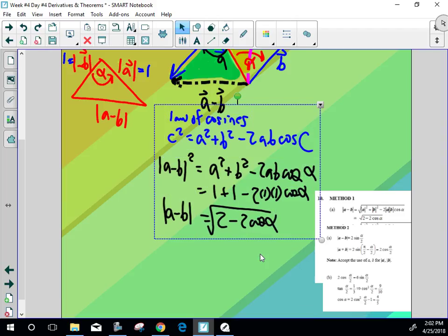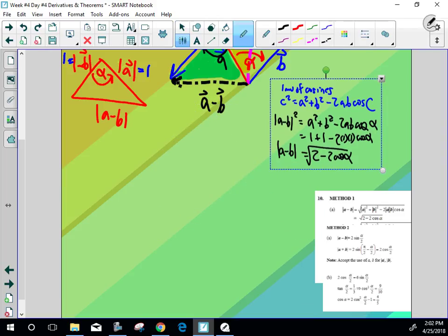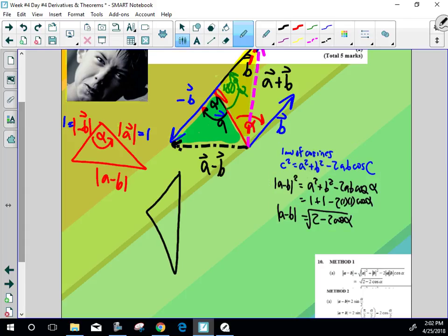All right, now let's do the other part. It's a little wrinkle to it, but it's not too bad. Now let's do the other triangle that looks like this in yellow. This is B, this is A, and this is A plus B. And this angle here is 180 minus alpha.